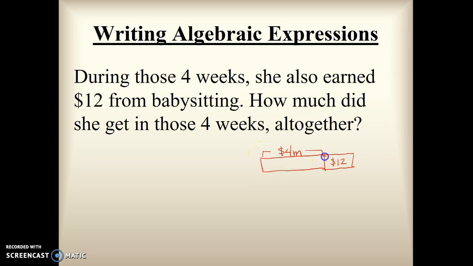So this is this part right here, and then she earned $12. How much did she get in those 4 weeks all together? Well, first she earned 4M, then she earned 12. So she earned 4M plus $12.